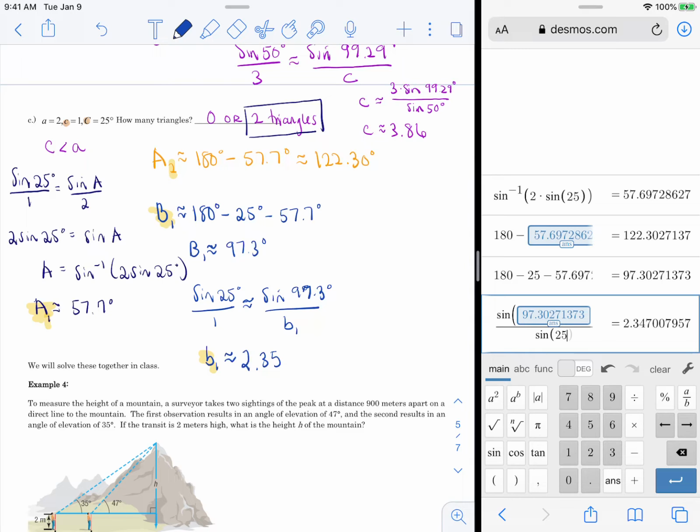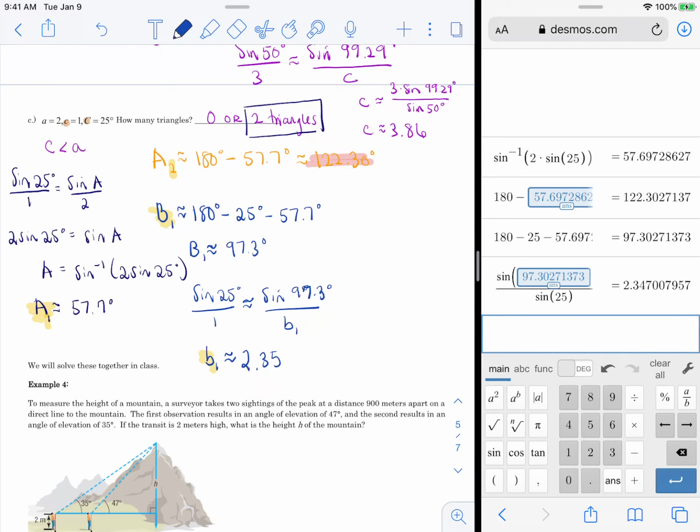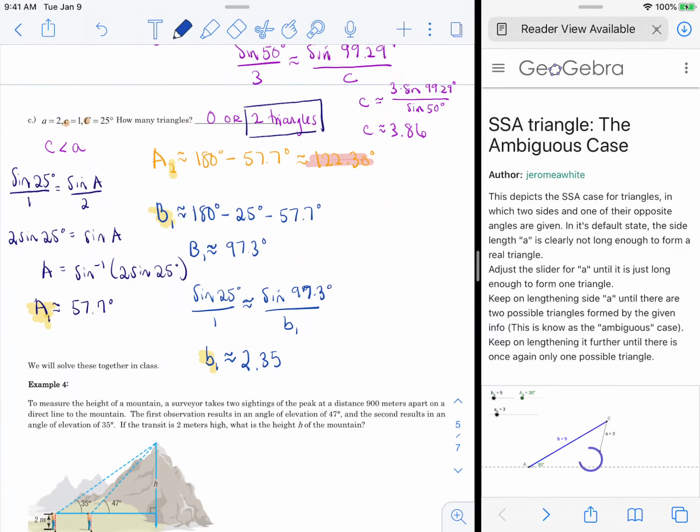Now to continue on with the second triangle, it's going to be the same process, except now we have to use this value because we're in the second triangle. All right, so let me get out of here. Let me just move this so I just have a better space for you all to see.